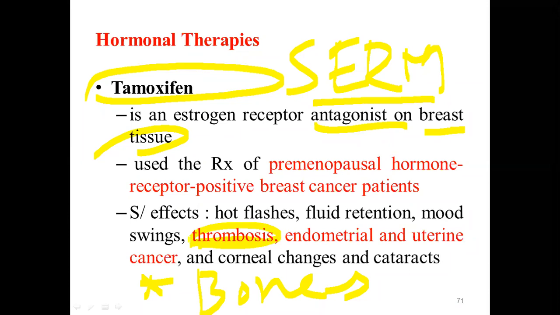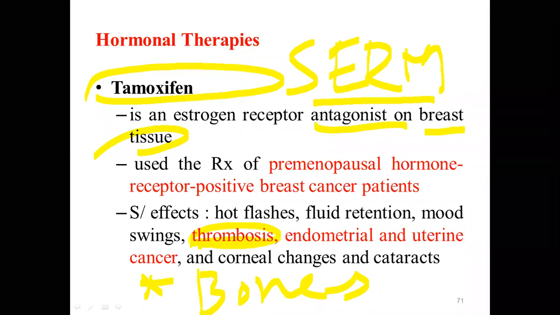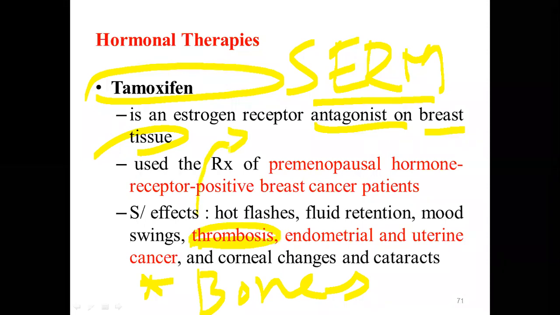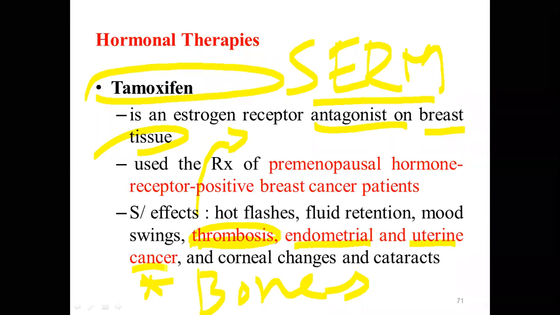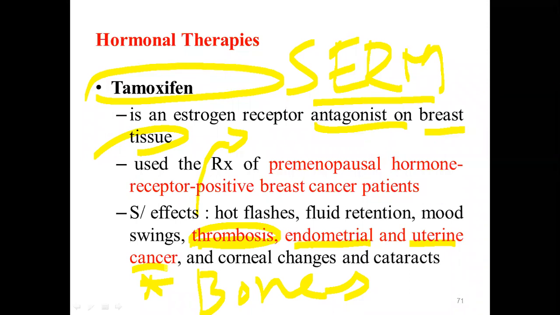If a patient is taking tamoxifen, I have to monitor the possibility of thromboembolism, because tamoxifen increases the concentration of clotting factors and increases the risk of thrombosis. Then, apart from that, because of the effect on endometrial and uterine growth, it can cause uterine cancer and endometrial cancer.